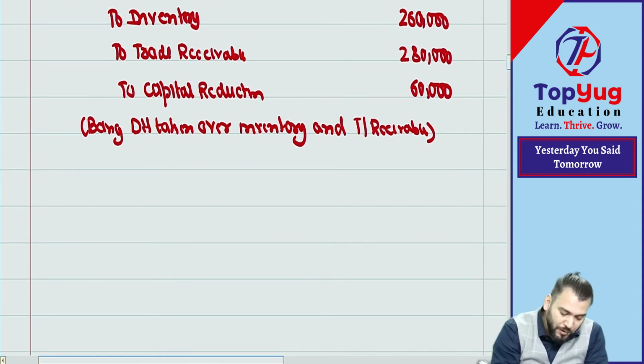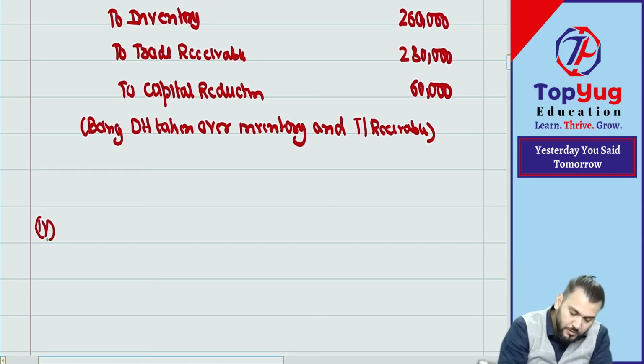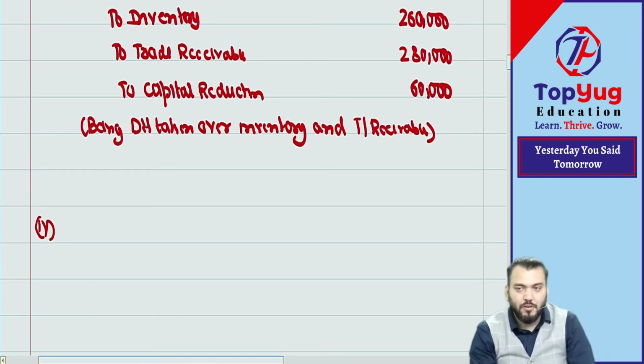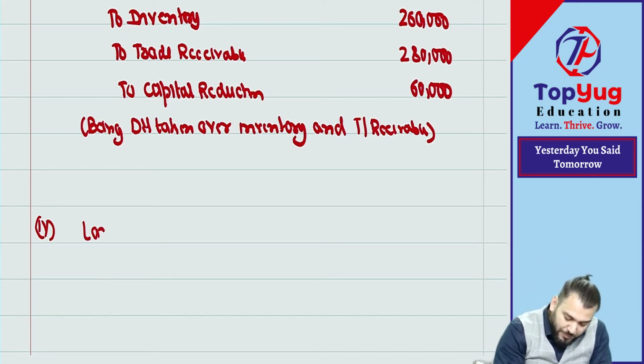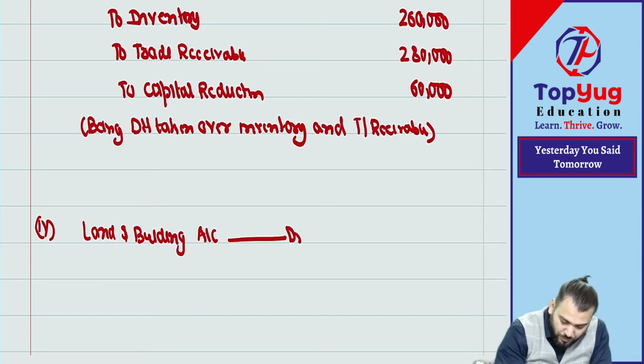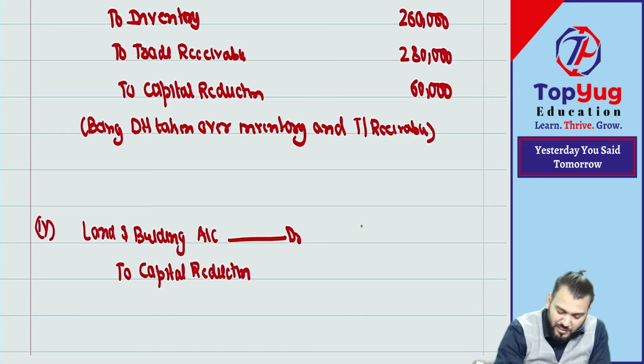First we'll do the appreciation of land and building. Land and building account debit to capital reduction, 3 lakh 60,000.